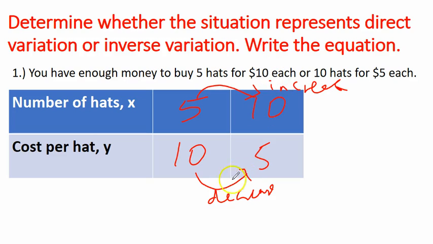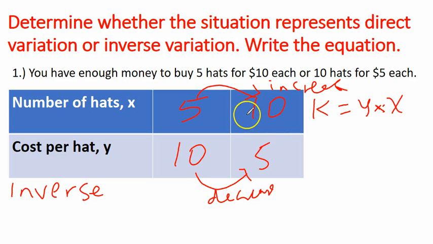And so since both of them are going in different directions, it looks like it's going to be inverse. But to confirm, we have to look for a constant. If they have a constant for inverse, it means if we multiply y and x, we're going to get a constant.